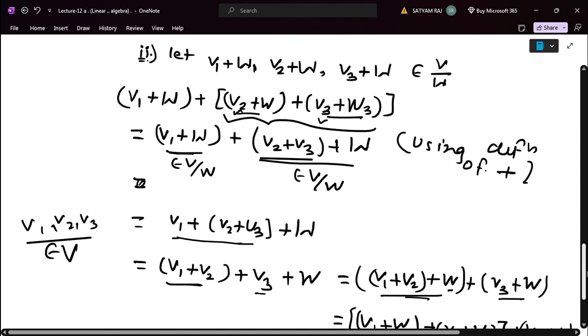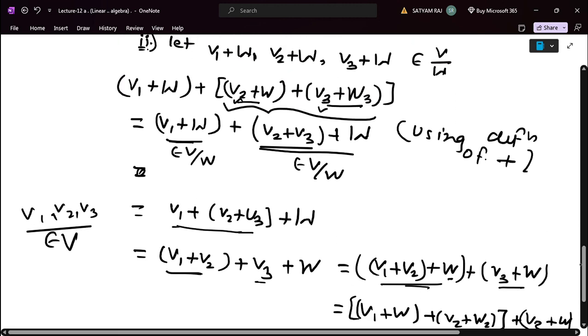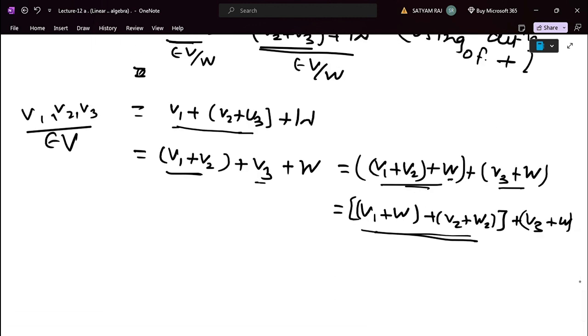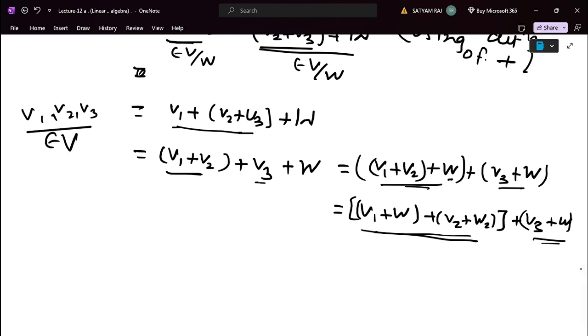So we can see that we have proved associativity. We have added the last two elements to the first element, and here we have added the first two elements to the last element. Okay, so we have associativity.